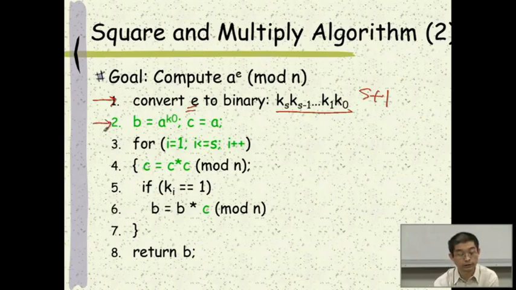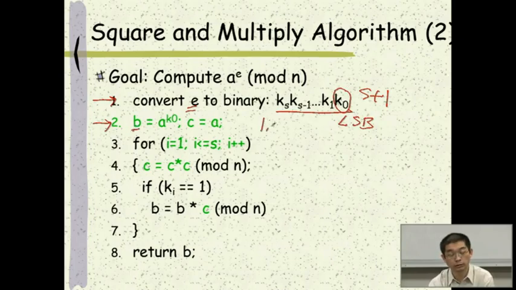In the next step, instead of setting b equal to 1, I set b equal to a to the power of the last bit, the least significant bit. So initially, the starting value of b will either be 1 or a, depending on the value of k sub 0. If k sub 0 is 1, b starts with a. If k sub 0 is 0, b starts with a to the power 0, which is 1.